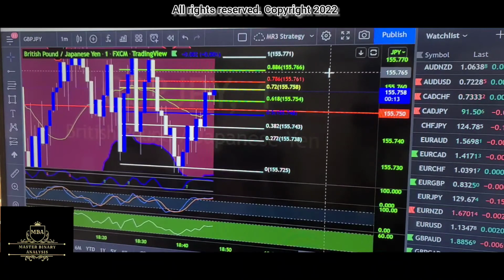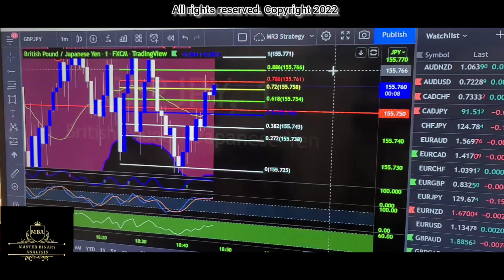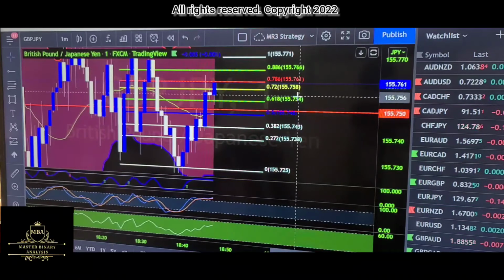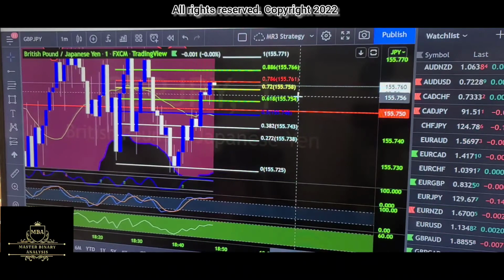It may go up to my final fib level here, because it could respect the 786, and it usually does. Once it hits one Fibonacci level, it'll overextend really quick, and then it'll find another one.